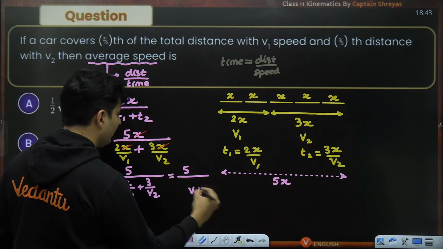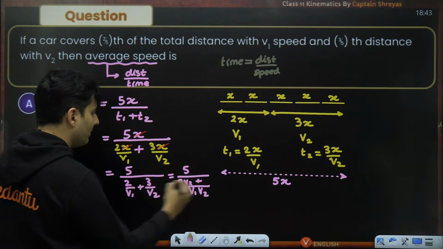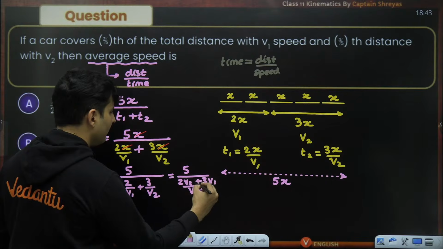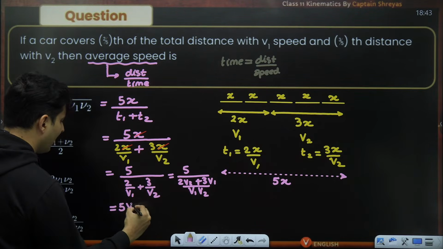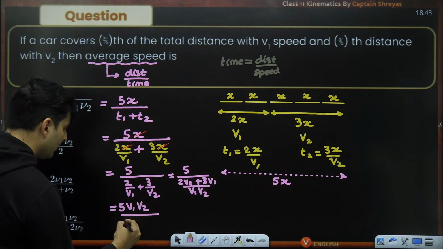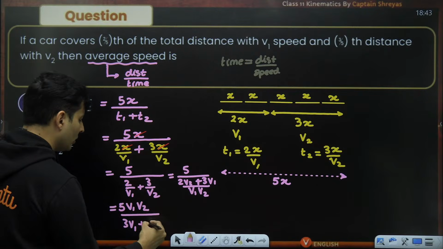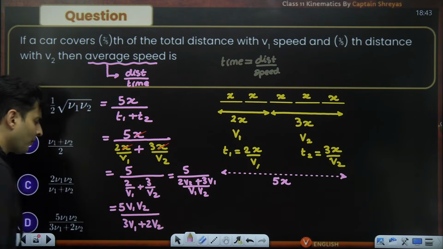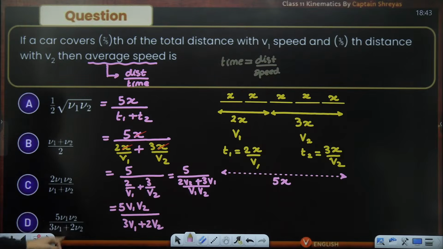It is v1 v2, and here we will have 2 v2, and here we will have 3 times of v1. This v1 v2 will go on the top, so it will just become 5 times of v1 v2, the whole thing divided by 3 times of v1. v1 usually we put first, and v2 next, so 2v2. So 5 v1 v2 by 3 v1 plus 2 v2, which is the D option.